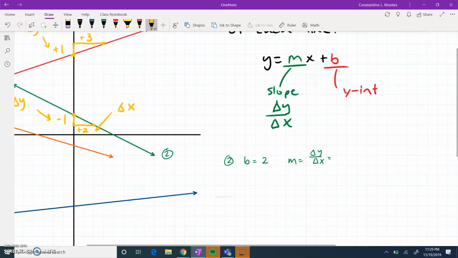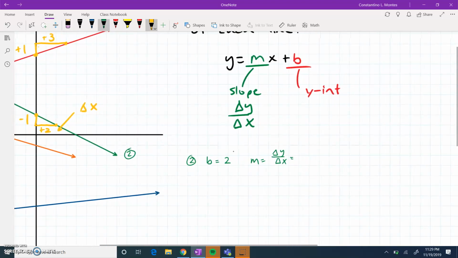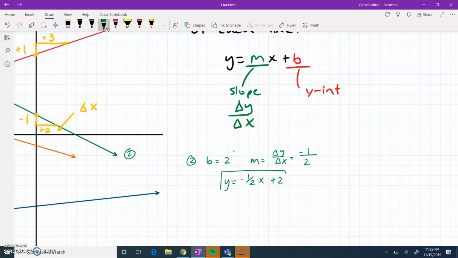So I come over here. My change in y was -1. My change in x is +2. So now when I write my equation, I got y equals -1/2 x plus 2. And that is the equation of my green line.